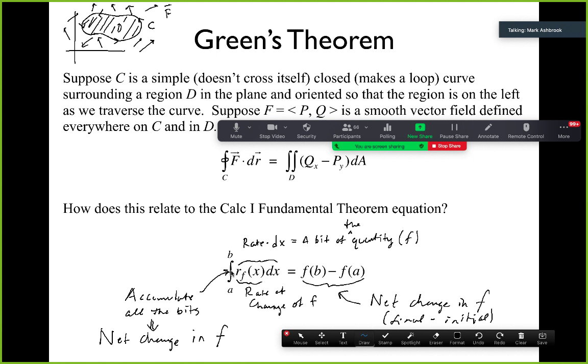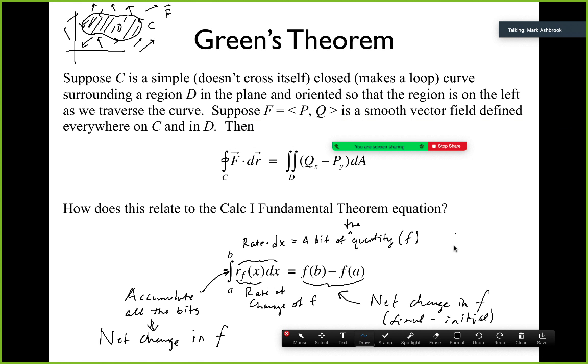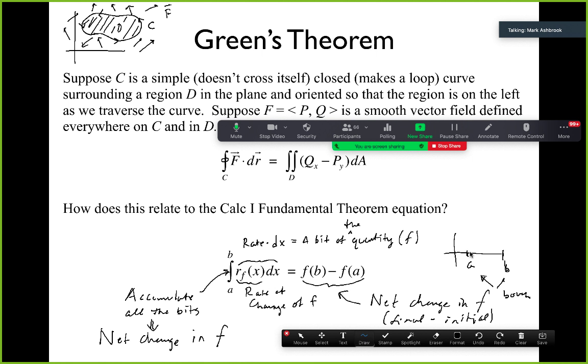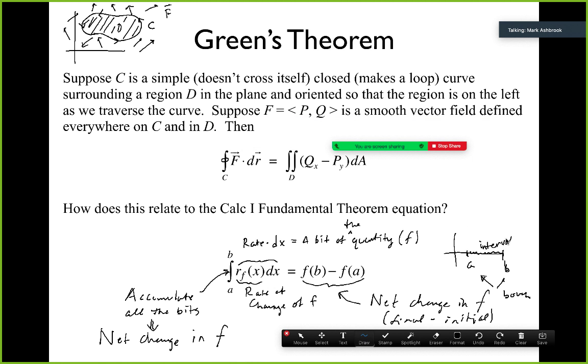And so then this side here, accumulating all the little bits. If we could draw a picture here, A and B is like the boundary. And then the interval is like the interior. Right? And there's f.